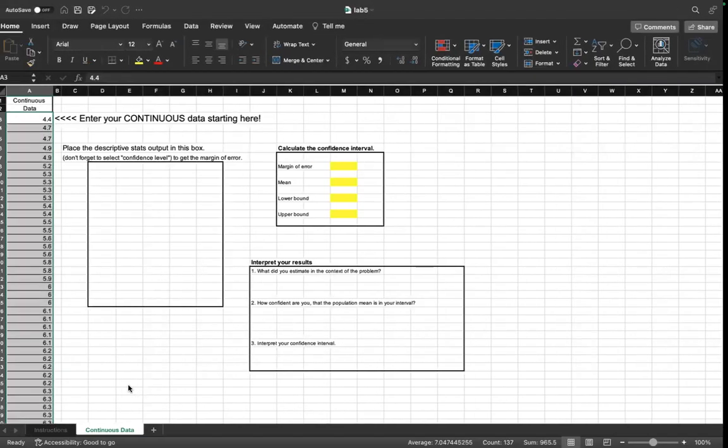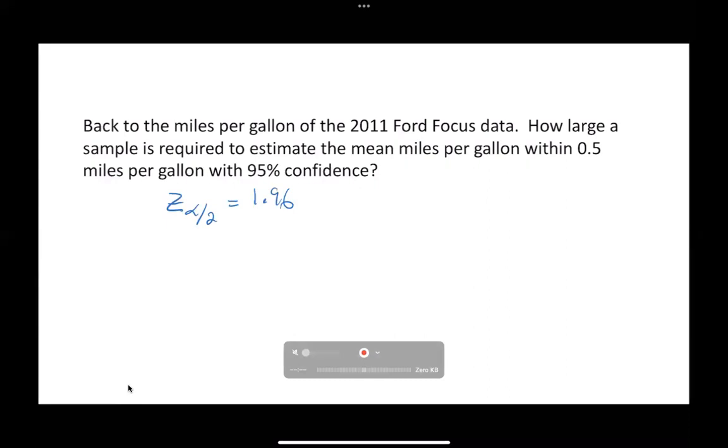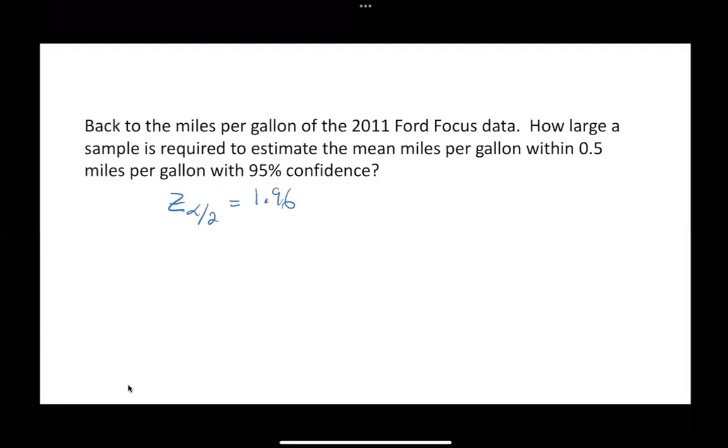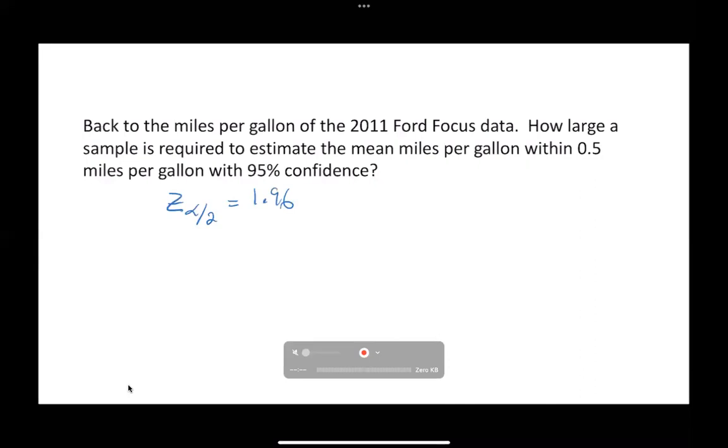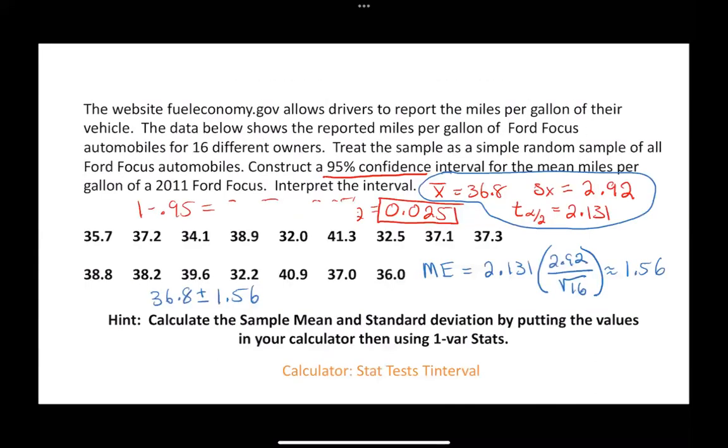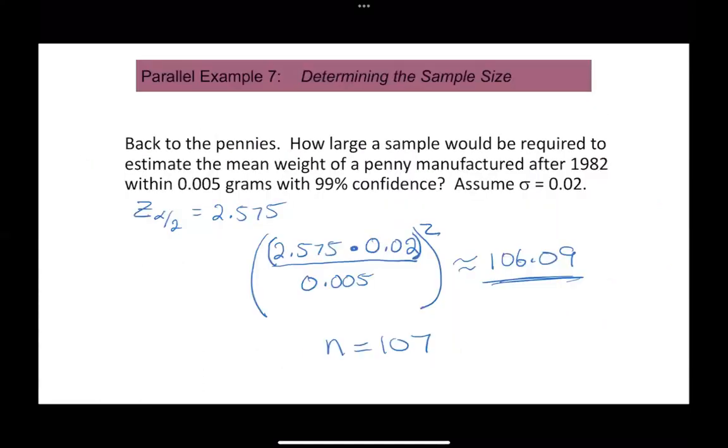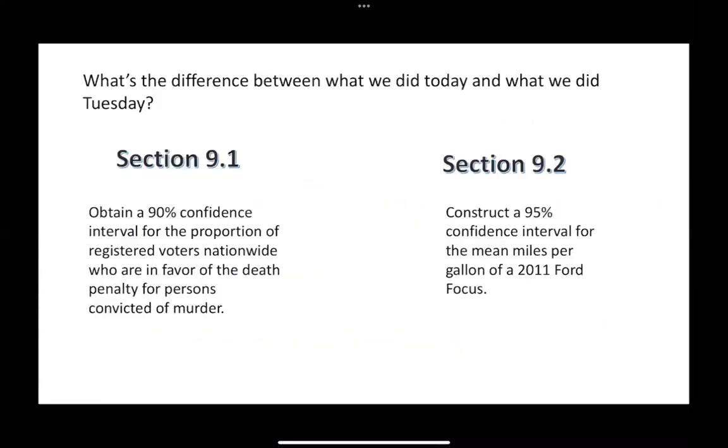That's not the screen we want. All right. So go back to what our standard deviation was that we got. Is it 2.91? So we had a standard deviation of 2.92. So let's use that.